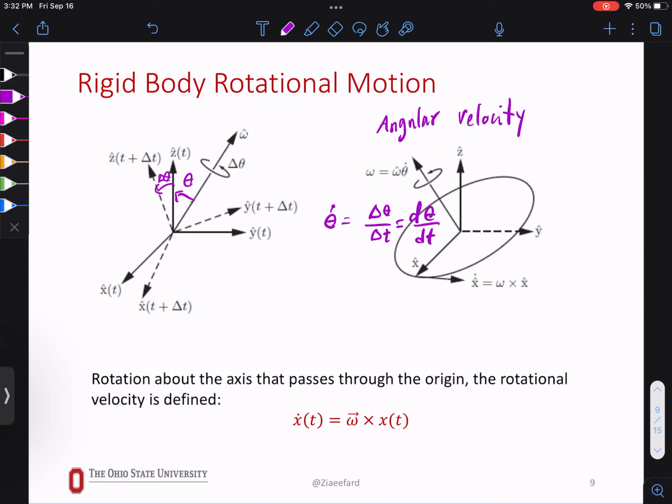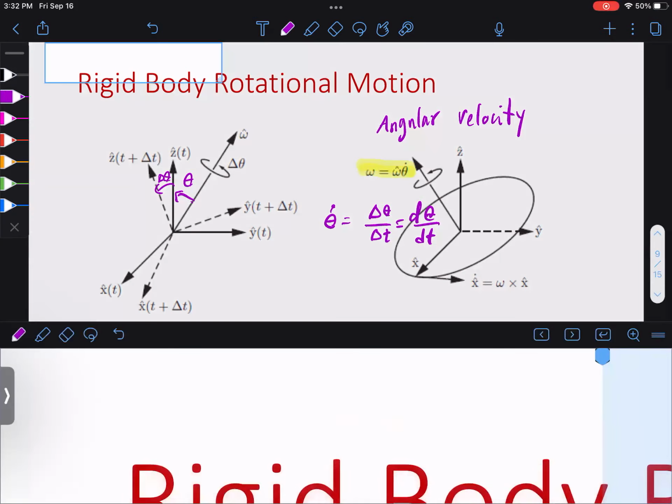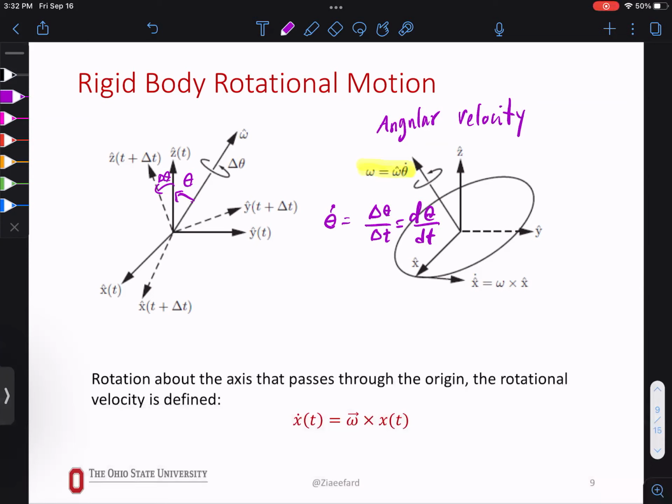Since we are in 3D, we expect our vector to have 3 components: what's the velocity in 3 different directions? So whenever we talk about angular velocity, we use this expression: omega is omega hat theta dot. Omega hat is that vector, that direction, which tells you which way this velocity is happening. All right.